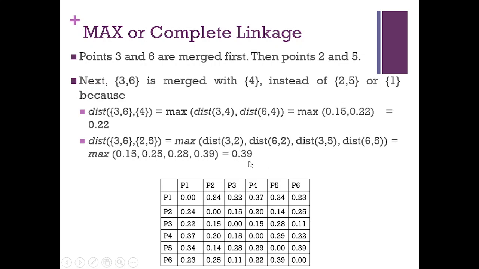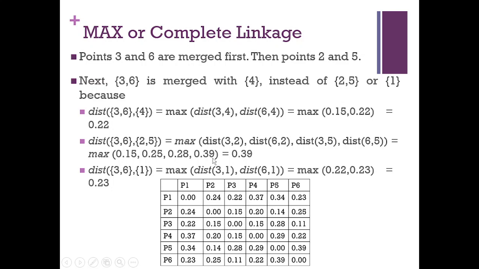This is the new proximity matrix. So the distance between 3,6 and 1 comes out to be the maximum of the distance between 3,1 and 6,1, which is 0.23. So after I merge 3,6 and 2,5, next I'll merge 3,6 with 4 and not 2,5 with 1, because 3,6 with 4 gives me 0.22, which is less than 2,5 with 1.